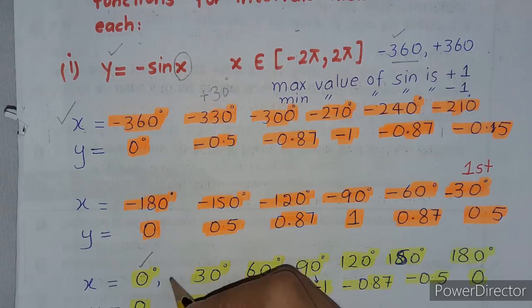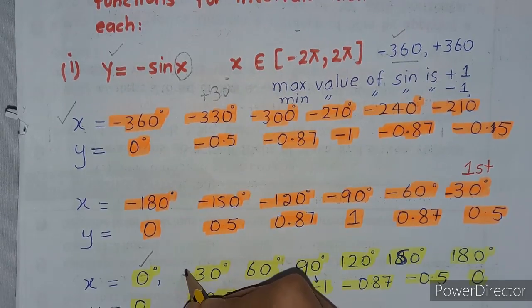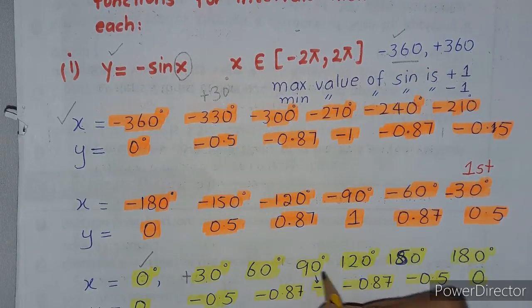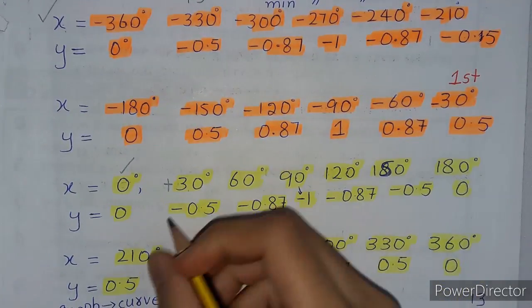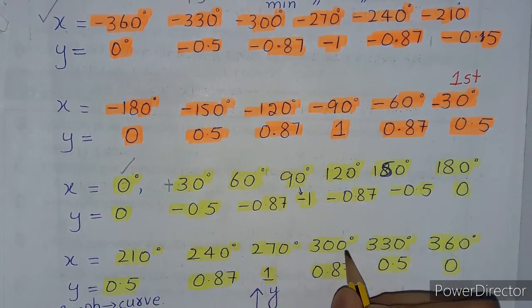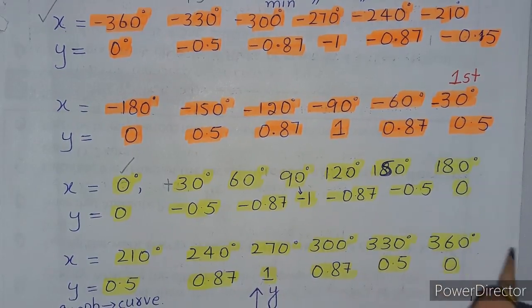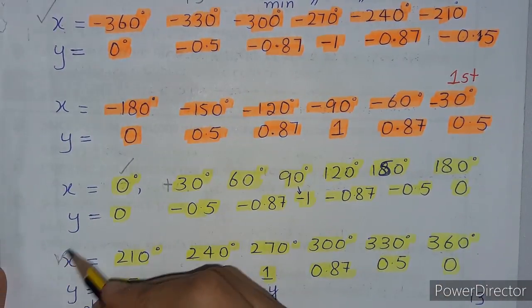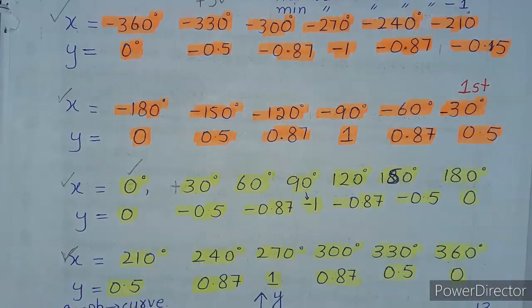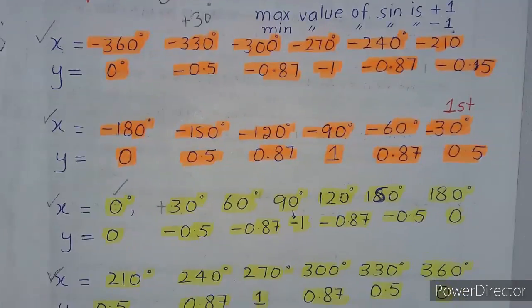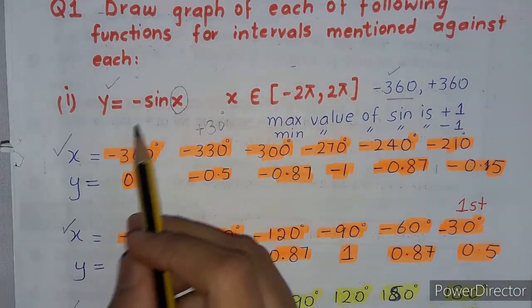Now moving towards the positive values: 30, 60, 90, 120, 150, 180, 210, 240, 270, 300, 330, 360. Okay, we have written all the values of x first. Then we will find the value of y.